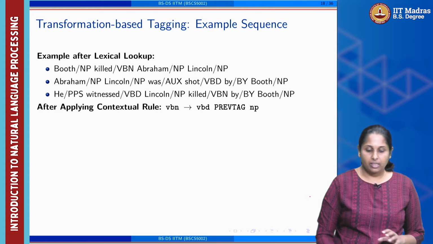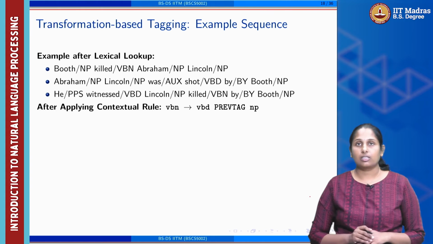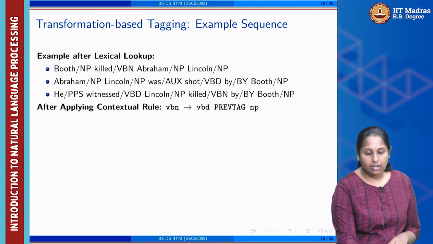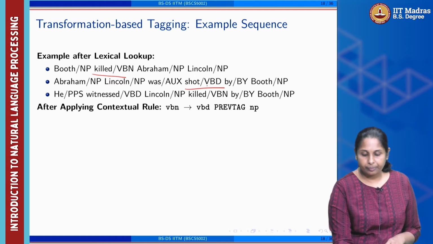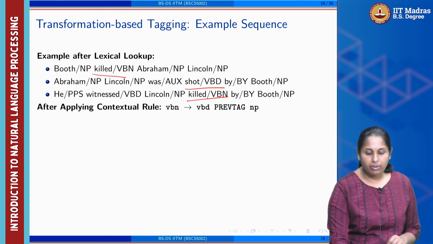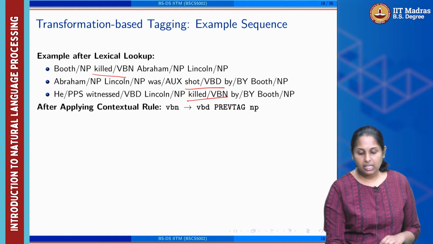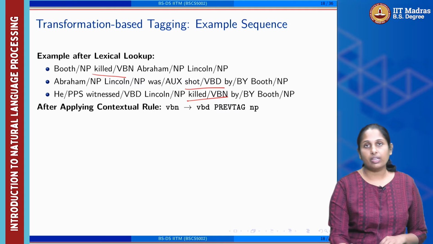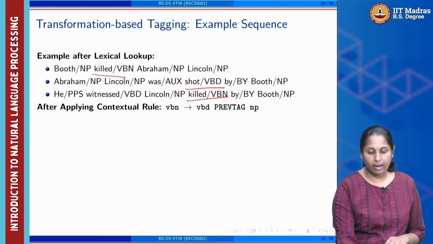So for example, again, let's take 3 sentences here. In all the 3 sentences there is a verb with a particular tag, okay, and now let's say in one case it is a VBN, in another case it is a VBD, in another case it is a VBN. You see the first sentence is a very simple sentence where Booth killed Abraham Lincoln.